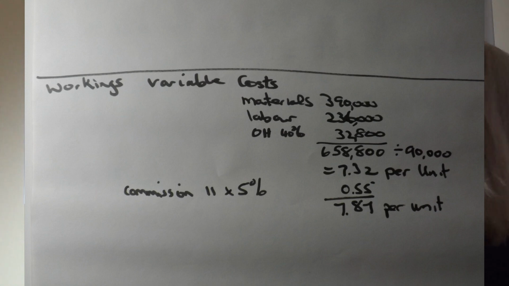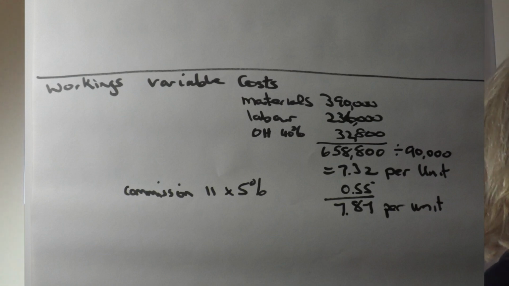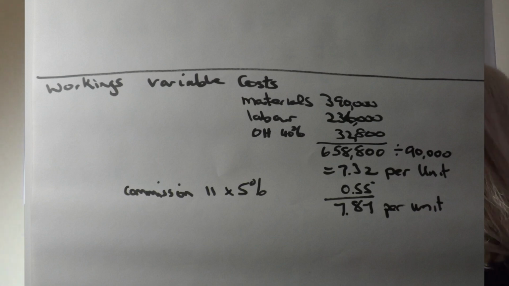So if I just take a piece here on workings, our variable costs are made up of our materials 390,000, we have our labour at 236,000, so they're not changing, and we have the factory overheads 40%, and that was 32,800.